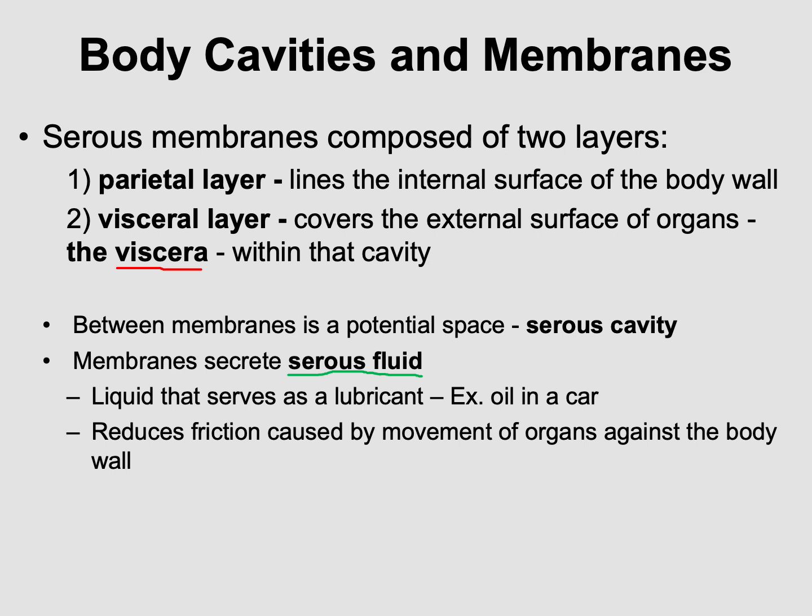Also, so these layers don't rub, in the case of the parietal layer against the cavity walls, and in the case of the visceral layer, on the viscera or on the organs. Again, all of this is to reduce friction. Friction is really bad in the body. Our organs inside our bodies move all the time.